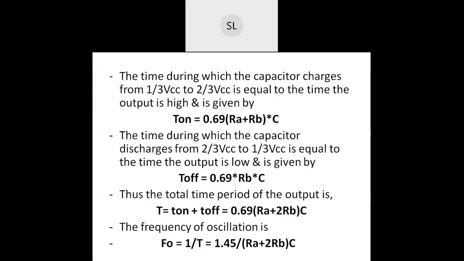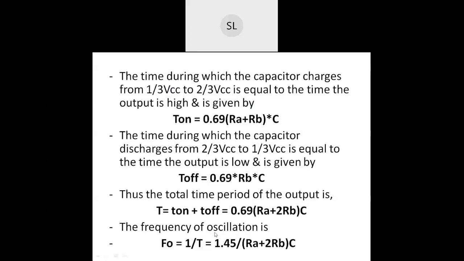The time during which the capacitor discharges from two third VCC to one third VCC is the time for which the output is low and is given as T off, that is 0.69 RB into C. Therefore, the total time period of the output will be T on plus T off, that is 0.69 into (RA plus 2RB) into C.